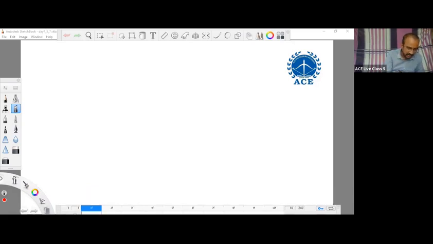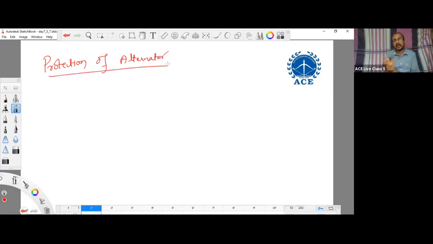Whenever you are analyzing the protection of alternator, we need to analyze what the alternator consists of. Stator is to be protected, and rotor is also to be protected.